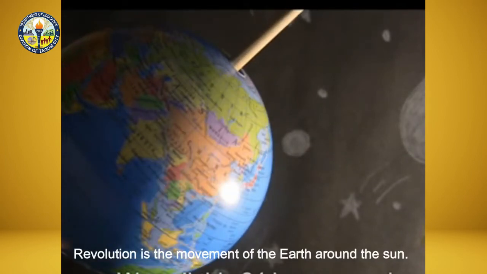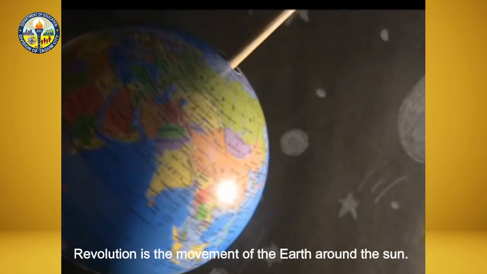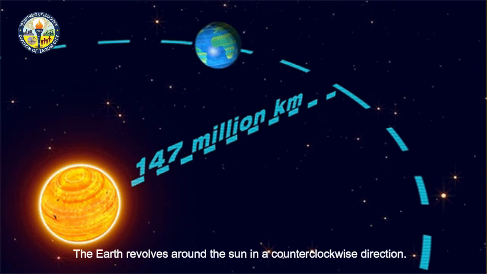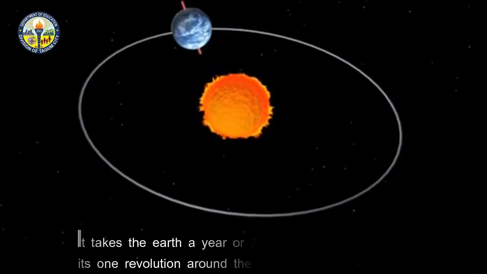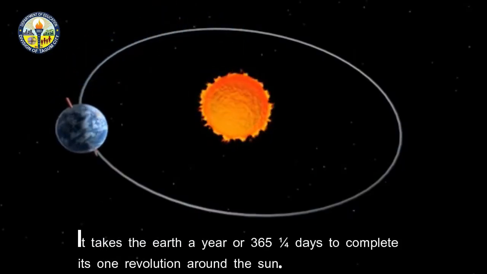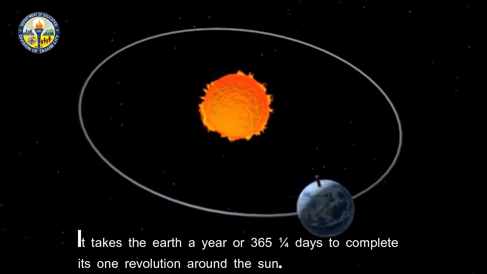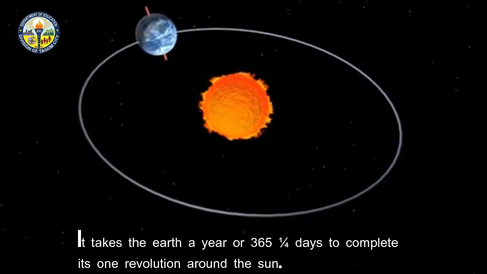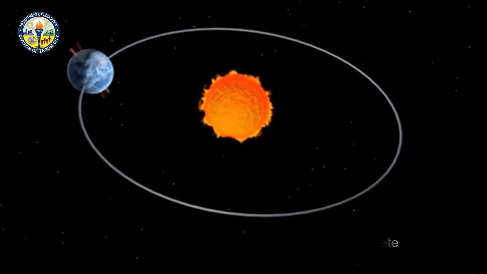Revolution is the movement of the Earth around the Sun. The Earth revolves around the Sun in a counterclockwise direction. It takes the Earth a year or 365 and one-fourth days to complete its one revolution around the Sun.